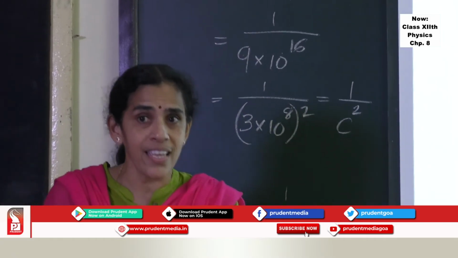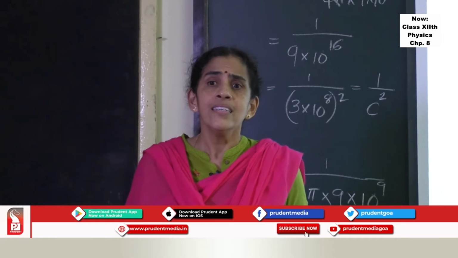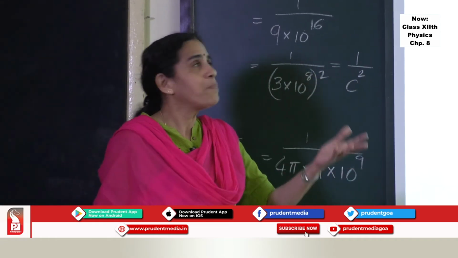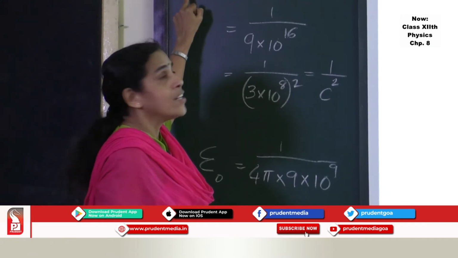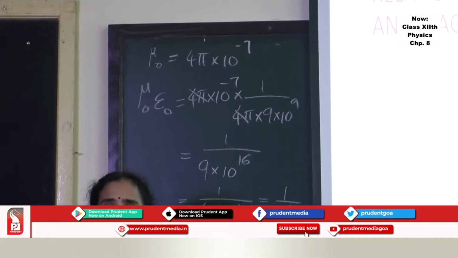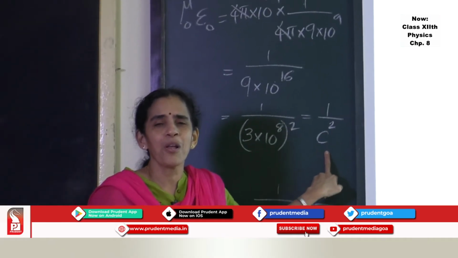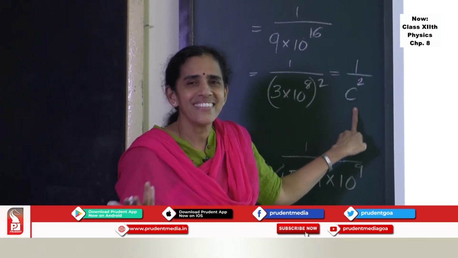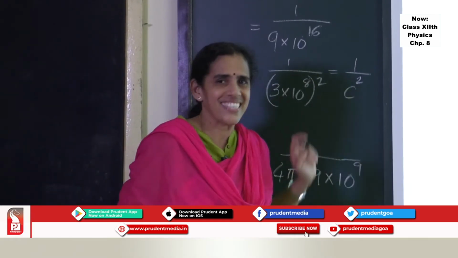Speed of light is 3 into 10 raised to 8. See how they are related mathematically also. Once you multiply the constant of magnetic field and electric field, you are getting the reciprocal of square of speed of light. Something very interesting now.